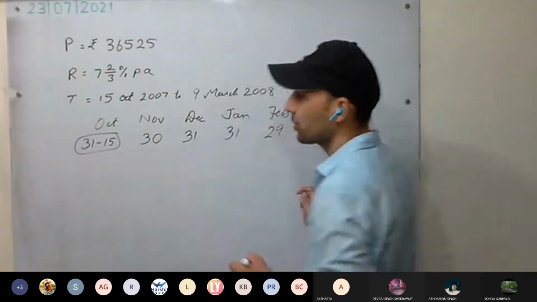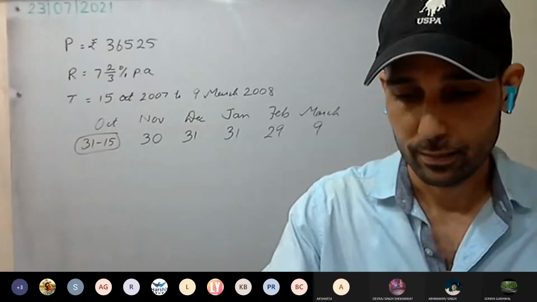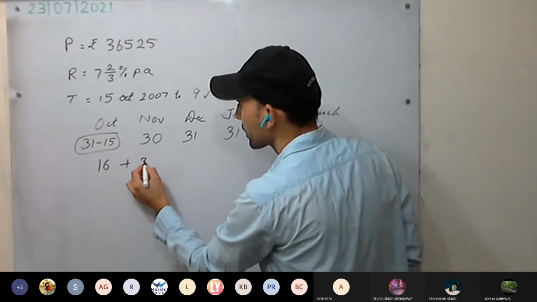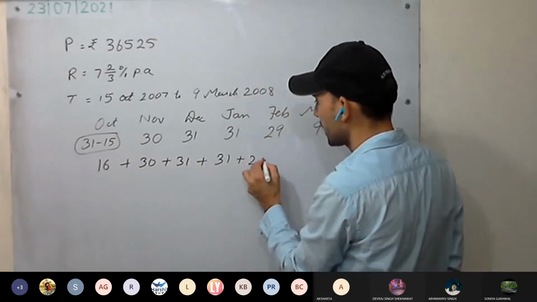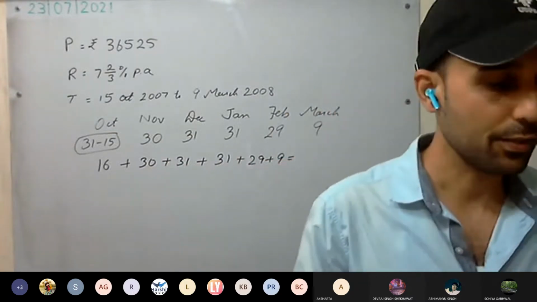How much will it be? 31 minus 15, how many days are you getting? 16. So 16 plus 30 plus 31 plus 31 plus 29 plus 9. How many days are these? Everyone calculate.